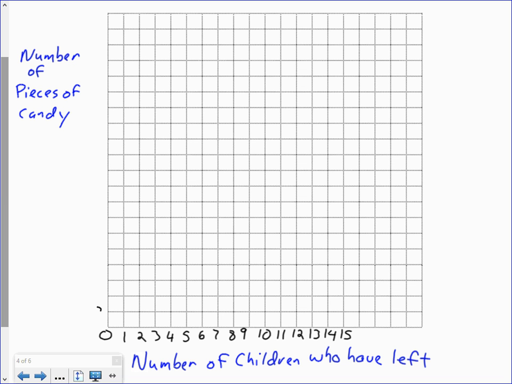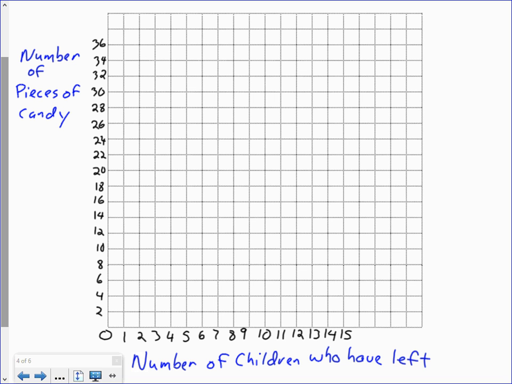So 2, 4, 6, 8, 10, 12, 14, 16, 18, 20, 22, 24, 26, 28, 30, 32, 34, 36, and so on.